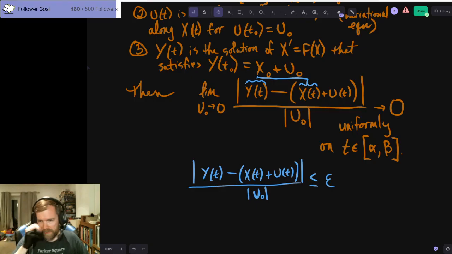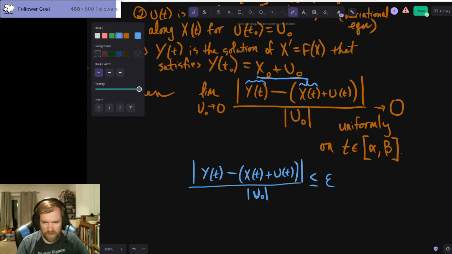We can always pick some acceptable epsilon distance apart that we want these two solutions, the autonomous solution y and our non-autonomous x, and then find some delta such that we can have u sub 0 being less than or equal to delta.